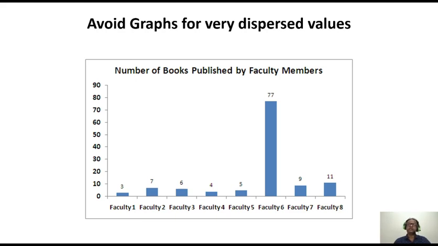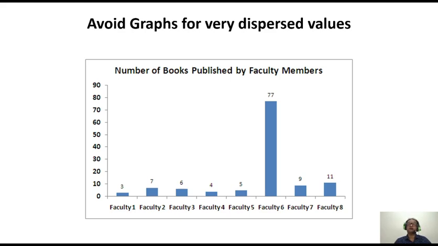This is improbable, but not impossible. Some people are prolific writers, have been writing books from their younger days, and might by this time have completed 77 books. So first, you go back to faculty number 6 and check his titles, etc.